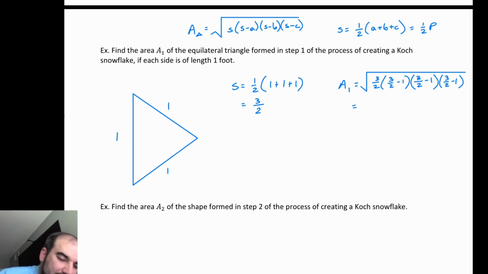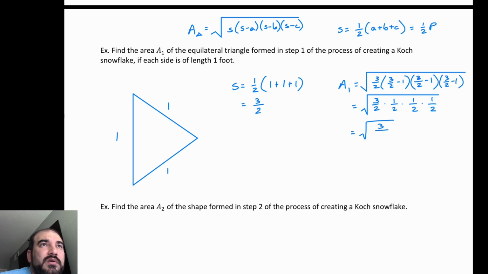Right, so the formula is not that bad here. We have a square root of 3 over 2 times 1/2 times 1/2 times 1/2, which is a square root of 3 over 16, which we can square root the 16 on the bottom, which gives us square root of 3 divided by 4.